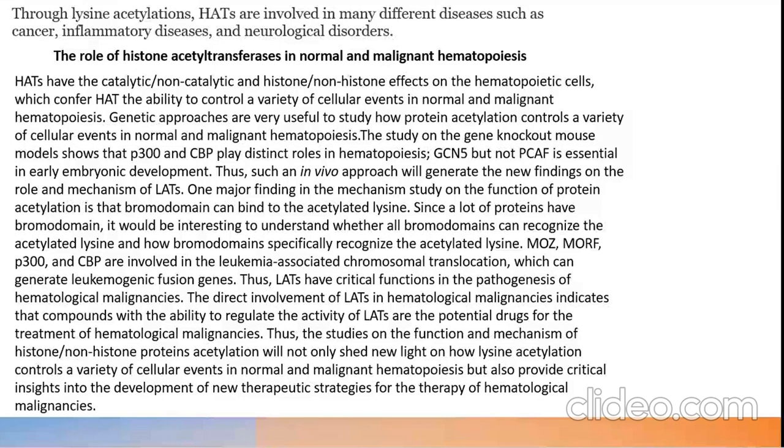But later it was found that HAT inhibitors have a concerning level of chemical reactivity, so it is not a good method of therapy. So people are now thinking about bromodomain inhibitors, which are better.